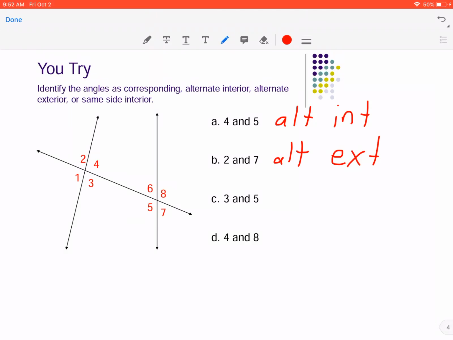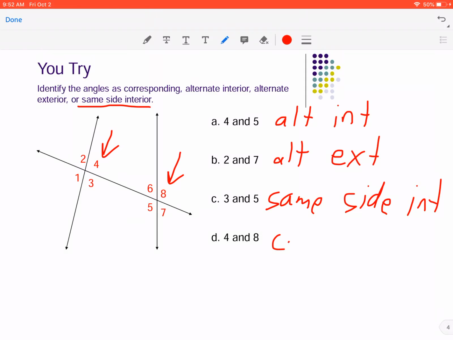You could call them consecutive interior or same side interior. And 4 and 8, that's top right, that's top right. Same location is corresponding.